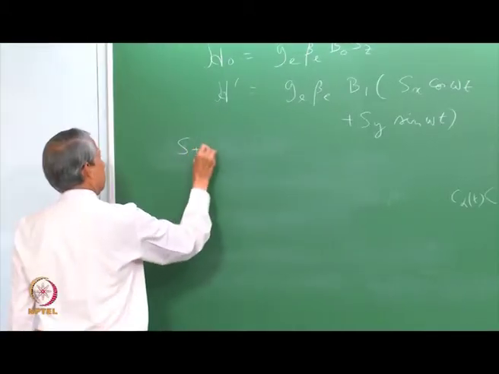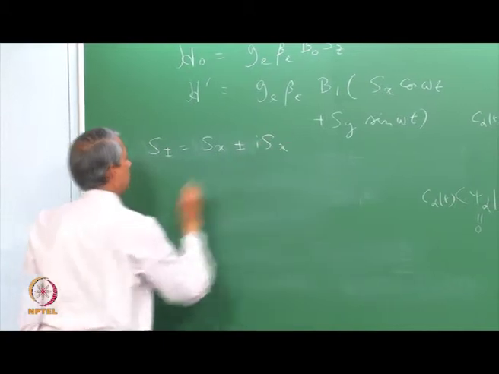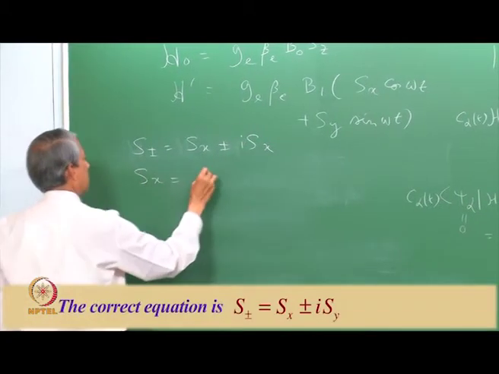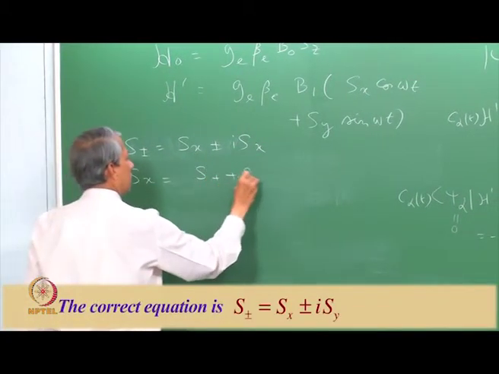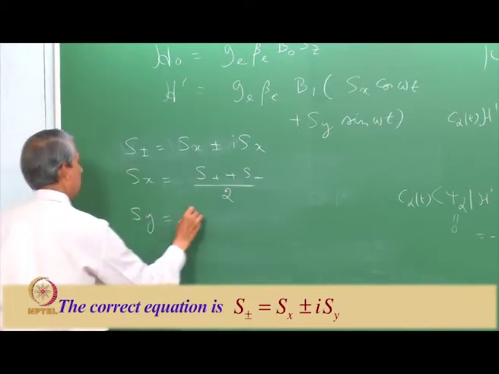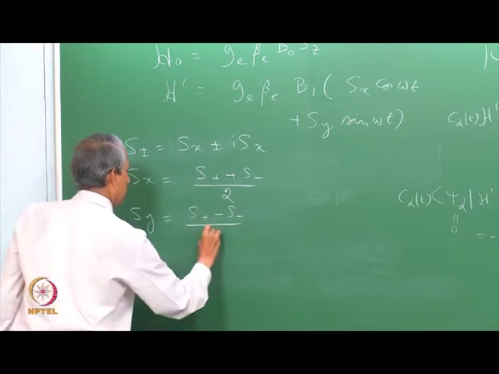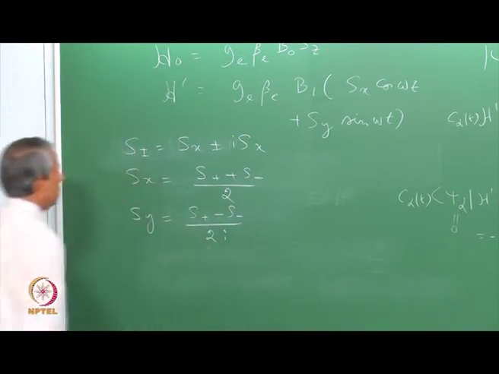Let us see how that is done. S plus or minus is Sx plus or minus i Sy. So, this gives Sx equal to S plus plus S minus, divided by 2, and similarly Sy is S plus minus S minus divided by 2i.